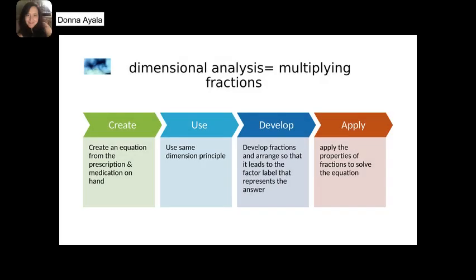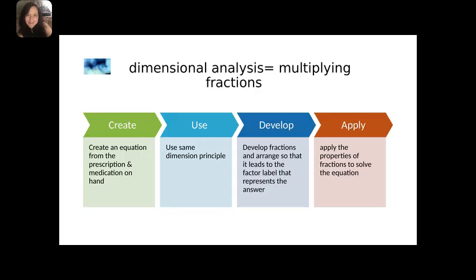I'm going to begin with just an overview of dimensional analysis as we will use it. Basically, what we're going to be doing is creating an equation from the prescription and the medication on hand. We use a concept called the same dimension principle, and it may be called something more lofty, but that's what I use, which we'll talk about a little bit further.